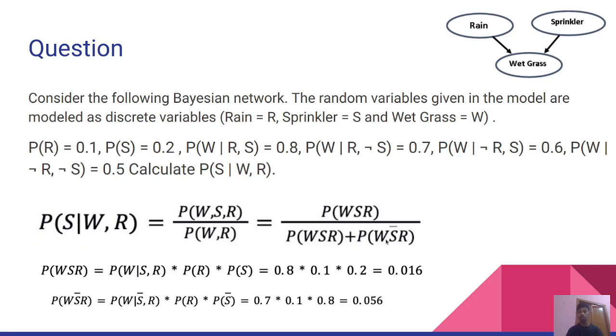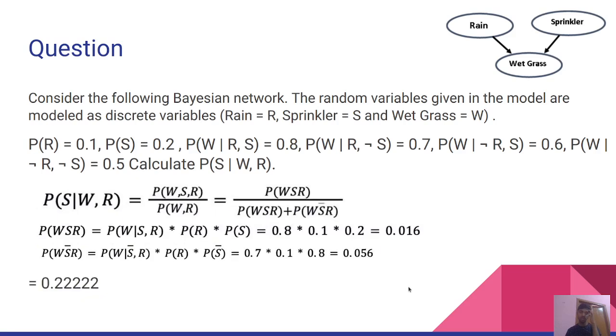Similarly, this one also, W given not S comma R equals 0.056. If we put this into the numerator, this into the denominator, and also here in the denominator, and calculate, then the answer is 0.2222.